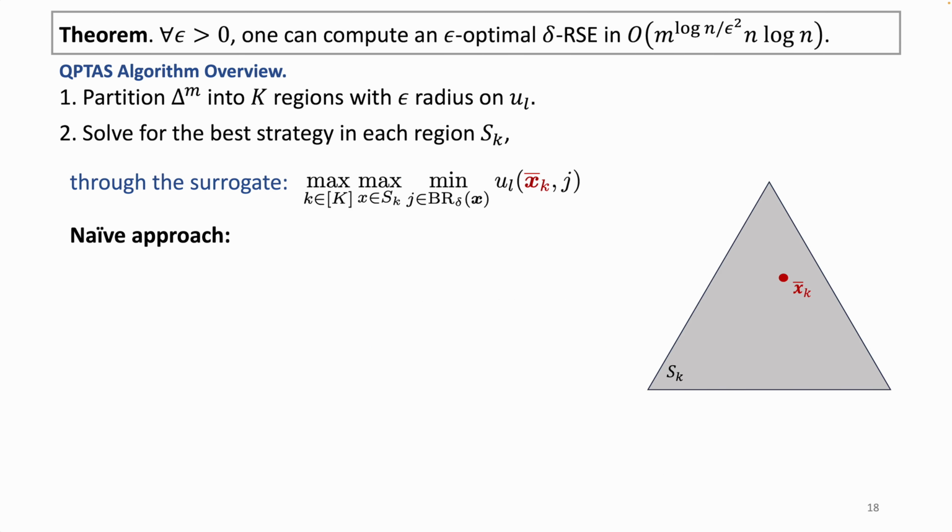A naive approach is to partition this set S_k by the possible delta best response sets.